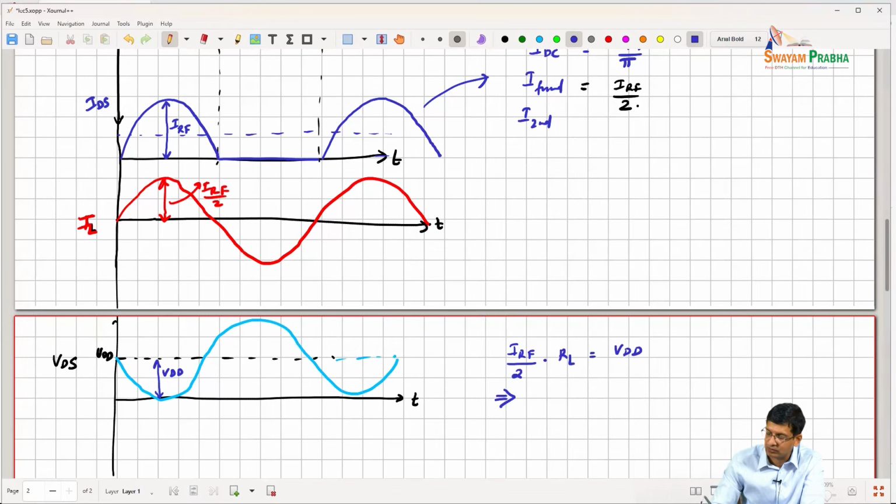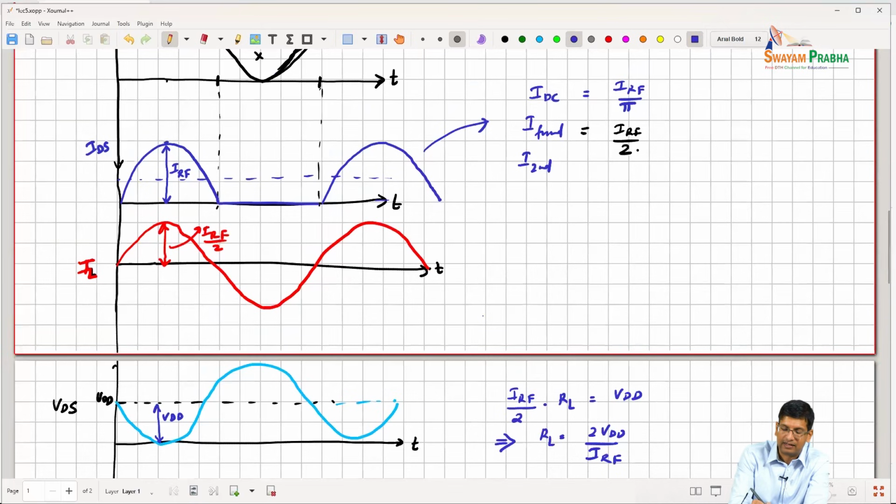So this basically says that in this particular case, I should make my RL 2 VDD divided by IRF, where IRF is the peak IDS, the max IDS that is happening in the class B design.